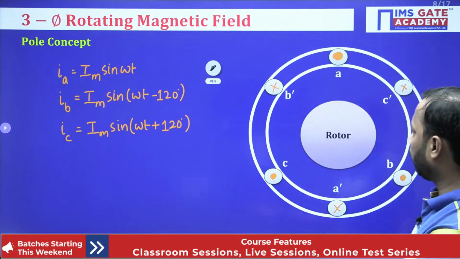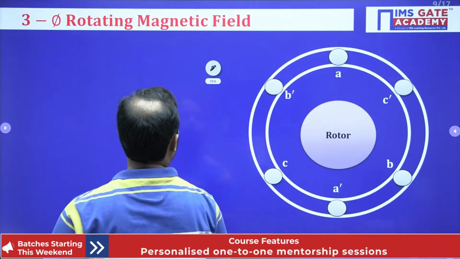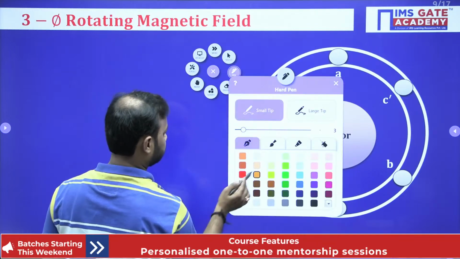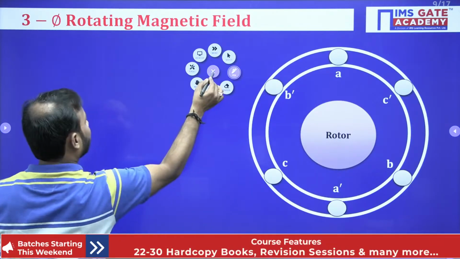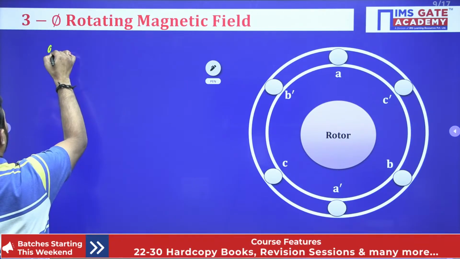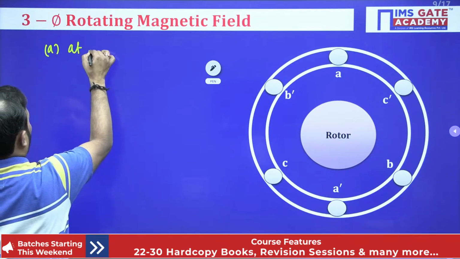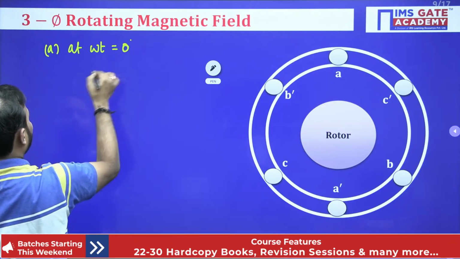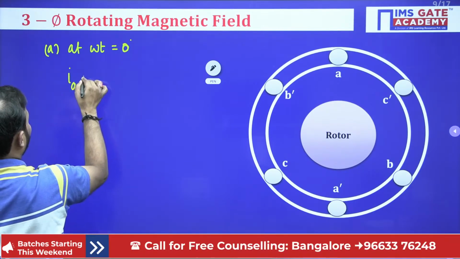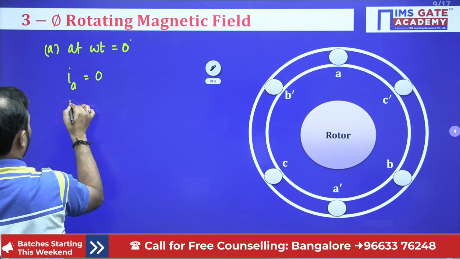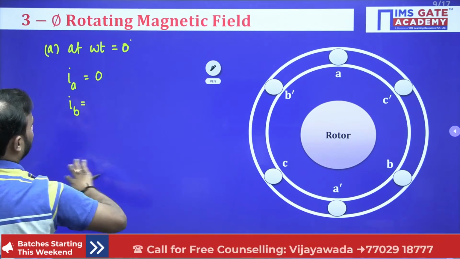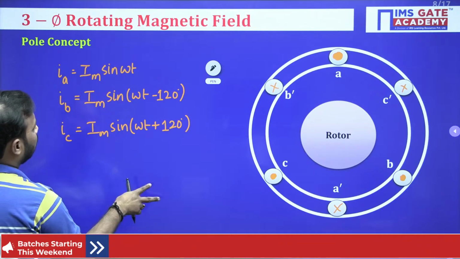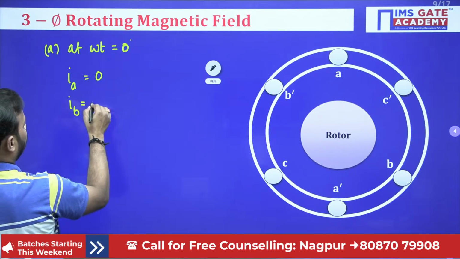Let me take an instant at omega t equal to 0 degree. So what will be the value of Ia? My friend, please let me know. Ia value will be 0. IB value will be sin omega t minus 120, so this will be minus root 3 by 2 Im.